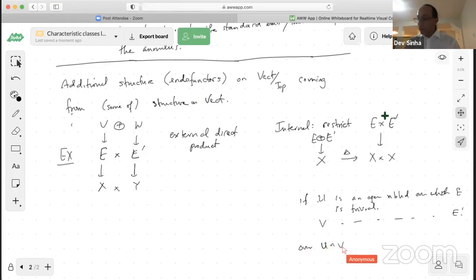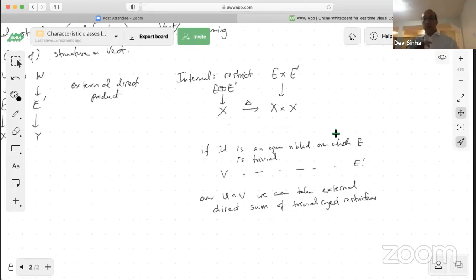And so I've got these trivializations, and then over U intersect V, we can take, again, just call it the external direct sum of the trivialized restrictions. That's fine. That's going to be a nice trivial bundle.